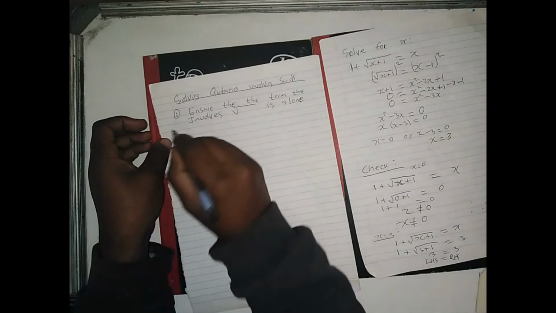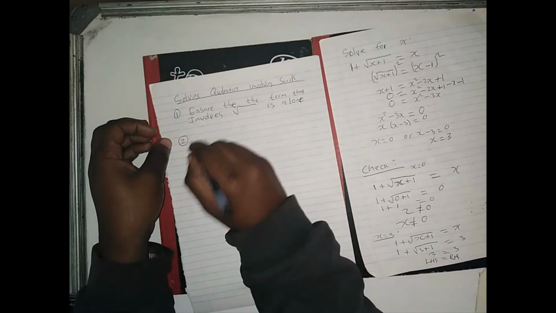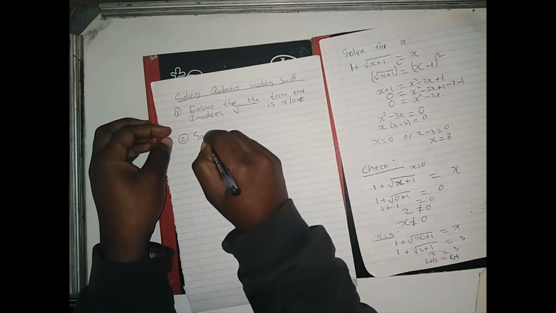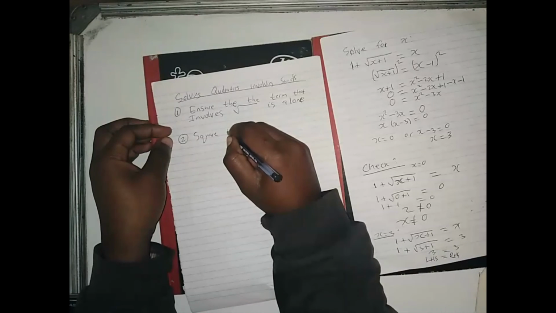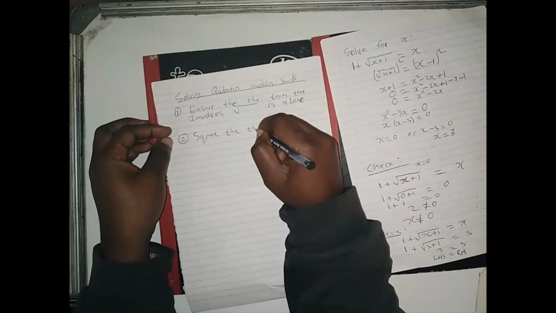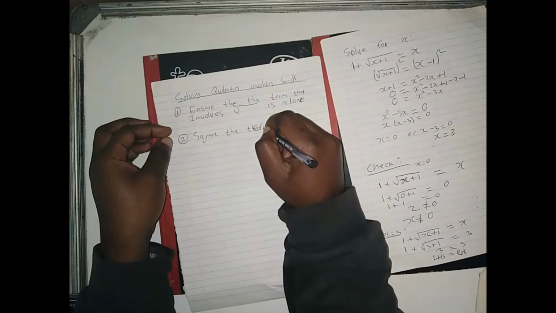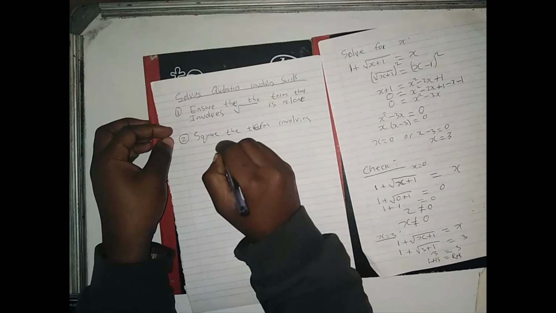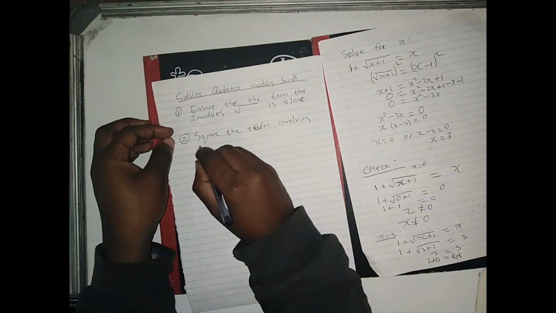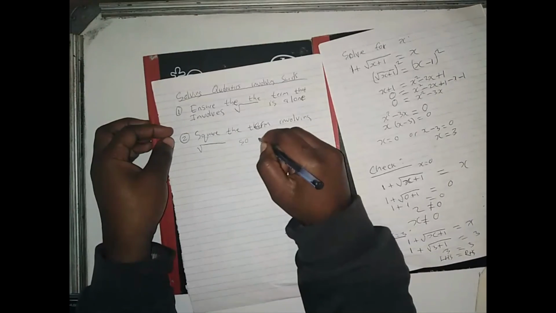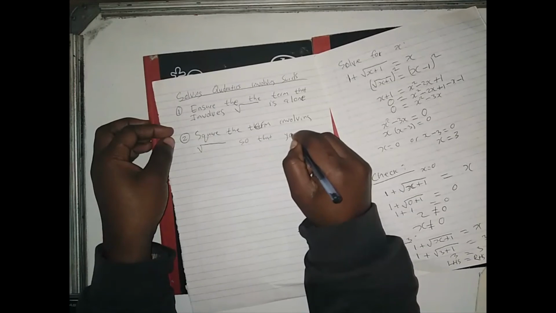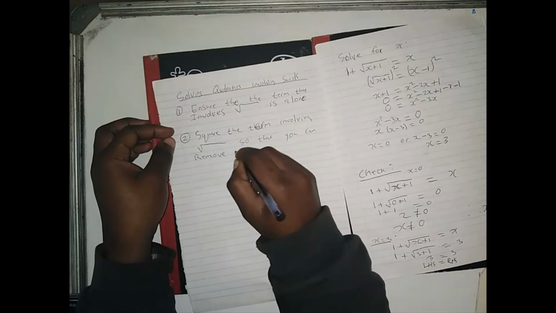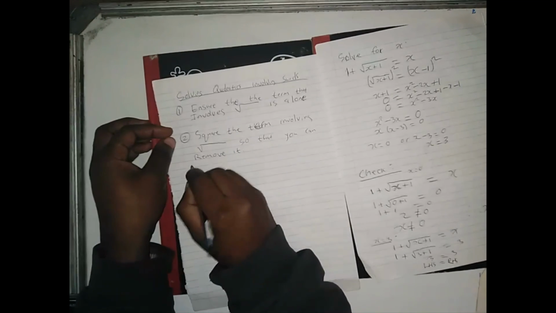And in step 2, what do you do? Square the term involving square roots so that you can remove it. But when you do that, you must be careful.